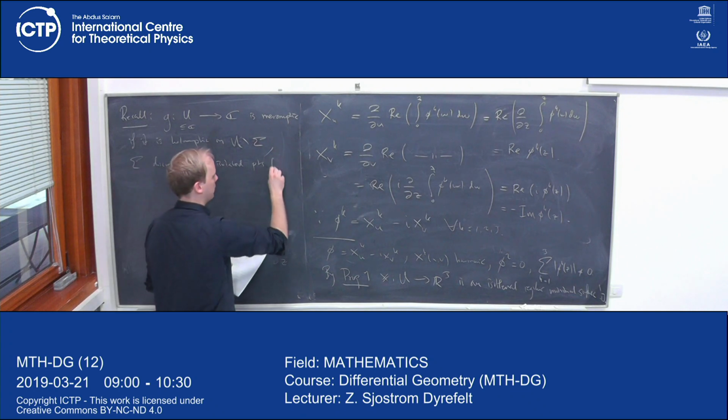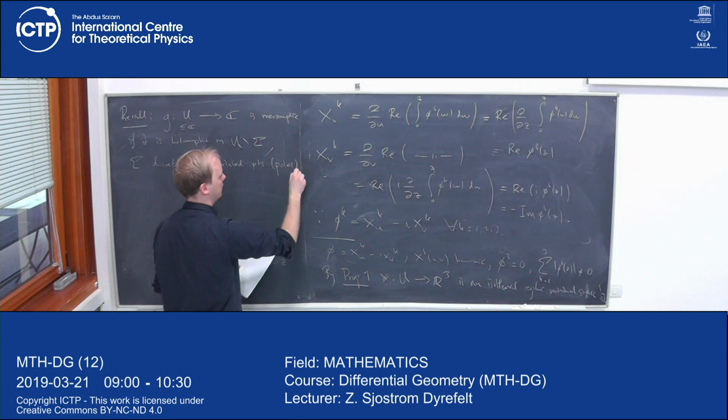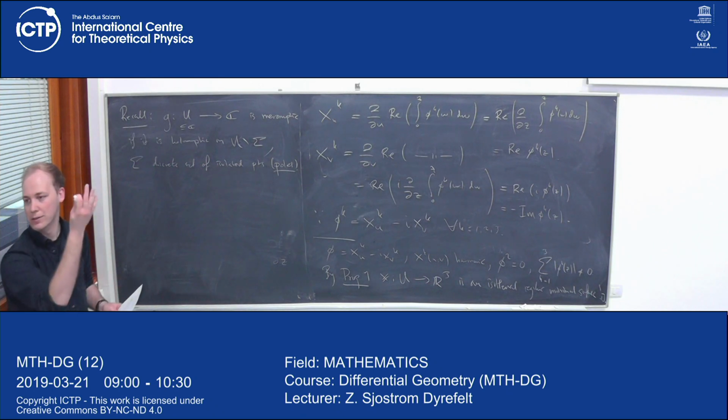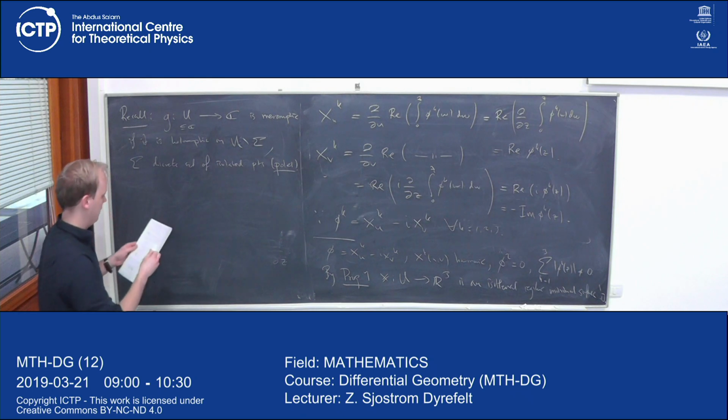And these points are called, as you know, the poles of the function. So this is where we take the value infinity. Okay? So this is what it means.